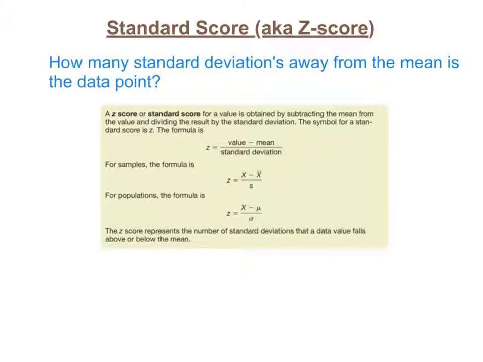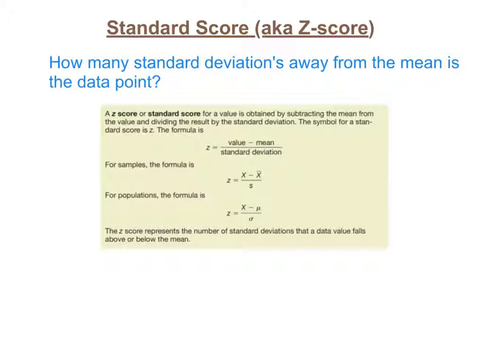We use Z as the notation for this, and we often call this the Z-score. So that's the street name for standard score, is Z-score. If you have a sample, of course you use the sample notations, and if you have a population, of course you use the population notations. So that's how that works right there.